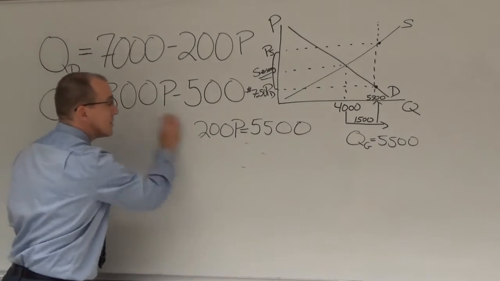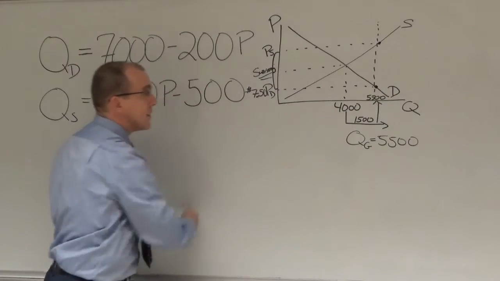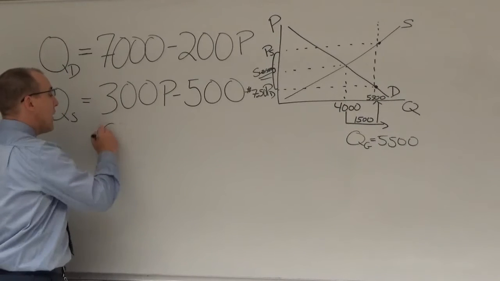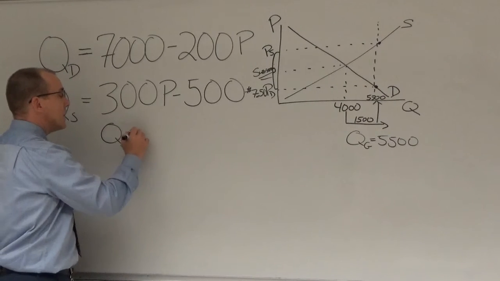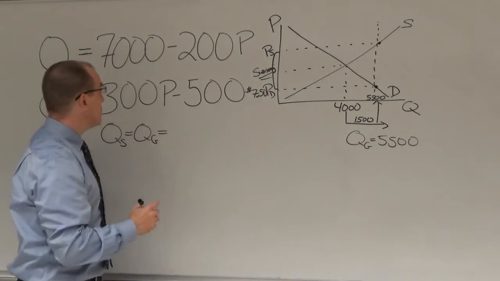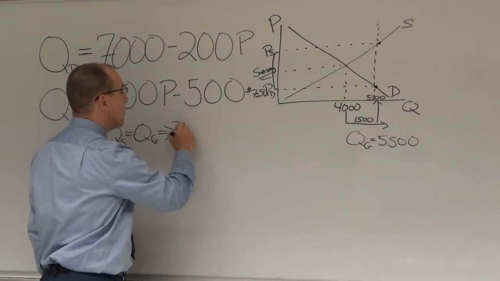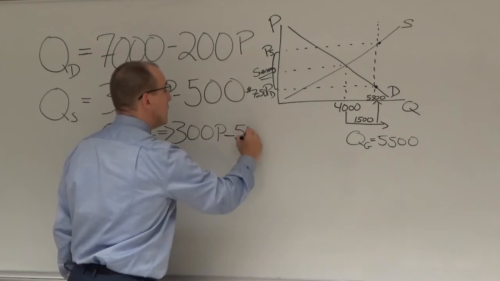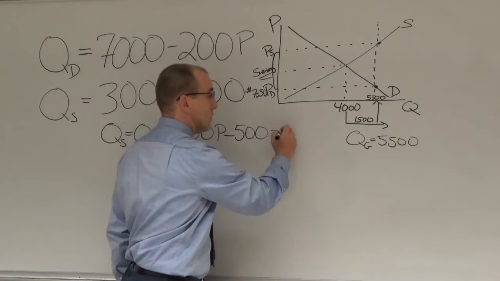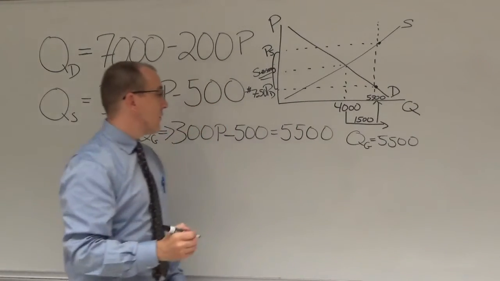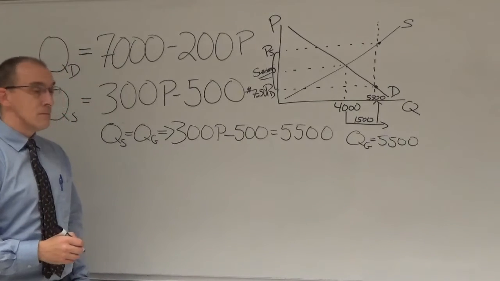Well, how much is it going to cost to ramp up the mass transit system to be able to accommodate that many riders? We'll use our supply curve for that, and we will set our quantity supply equal to our quantity goal. That would be 300p minus 500 equals 5,500, our goal of riders.